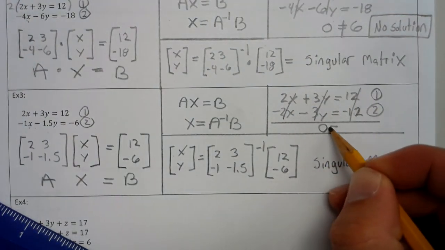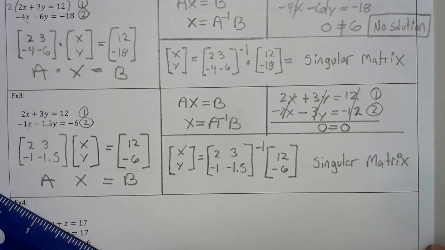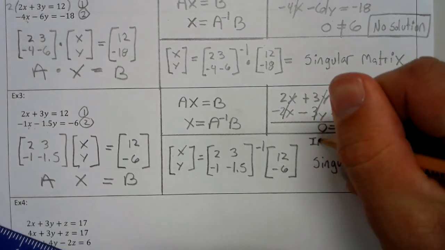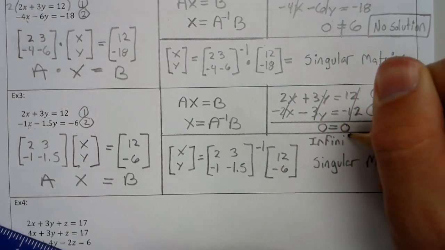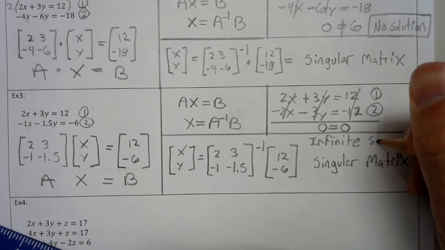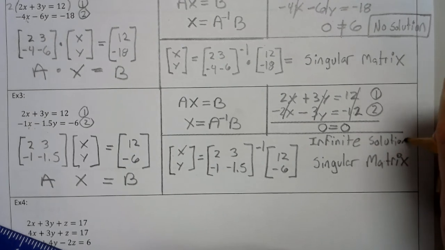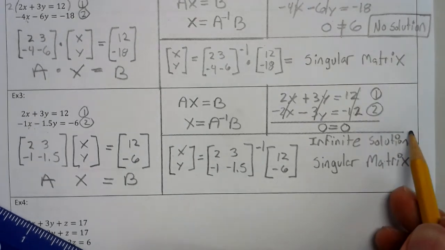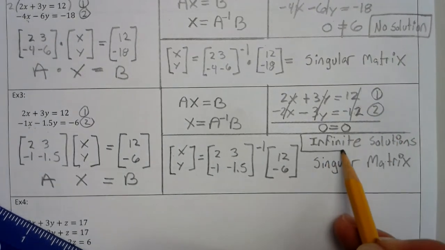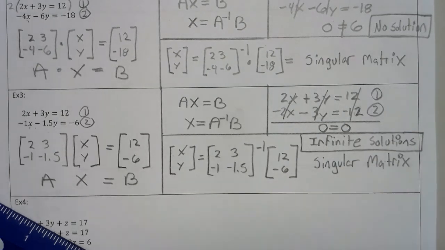You're left with a true statement. So we know that the solution is infinite solutions. All right, so at this point, you've seen how to solve a system using matrices with one solution, no solution, infinite solutions.